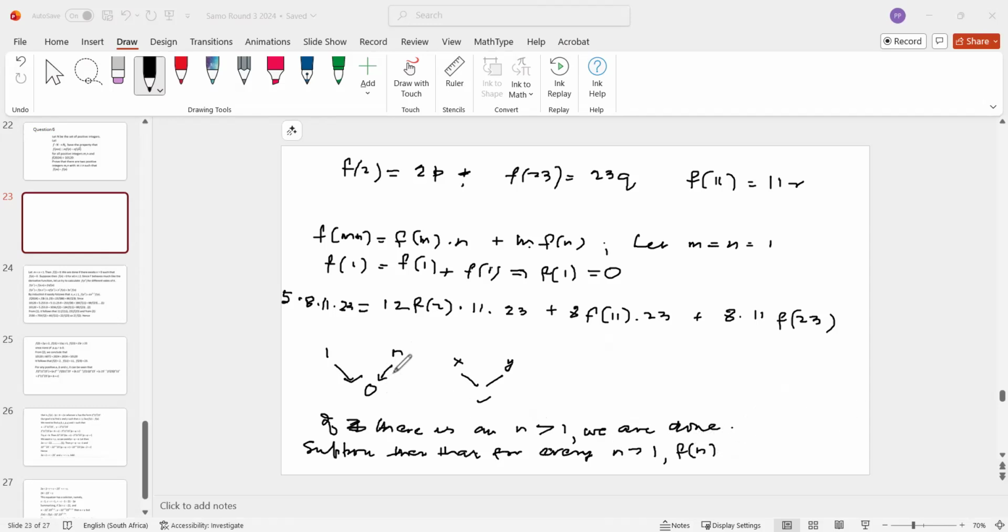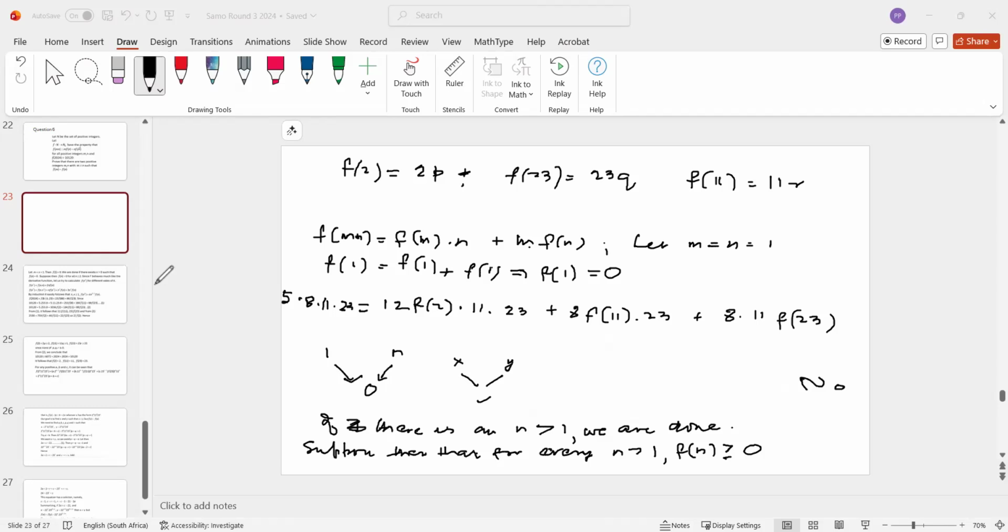We know that the outputs are all greater or equal to 0 because we had n 0 on the right-hand side, remember? So f of n is greater or equal to 0. But we don't want f of n to be 0 now. We are assuming that if this is 0, then we are done.